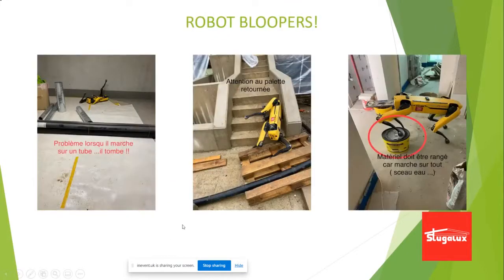We have some problems. If you put a large pipe in the way, the robot doesn't like it. If you put a pallet the other way around, the regular way, it has no problem. This is actually to protect a pipe that we use on the site, but if it's in the way of the robot, he doesn't like it at all.